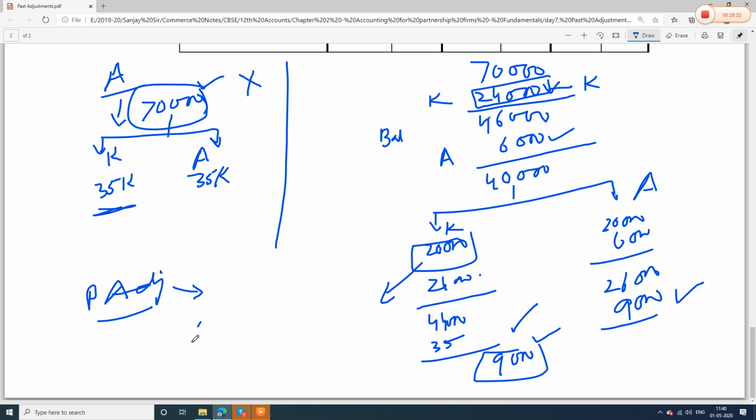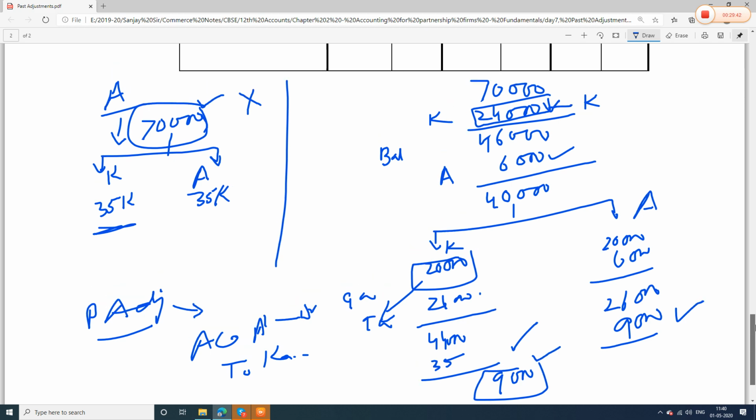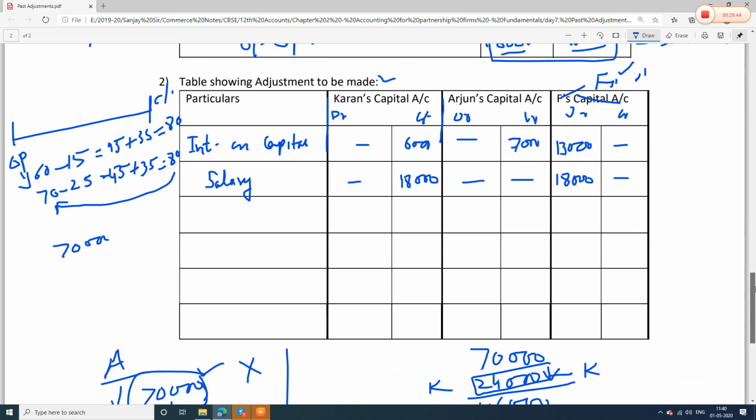So Arjun's capital account debit, to Karan's capital account. How much? Whatever, 9,000 or whatever the amount will be. So I was trying to explain you the logic.